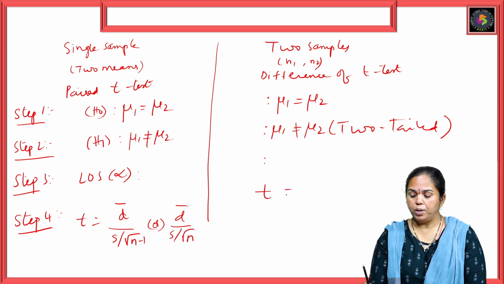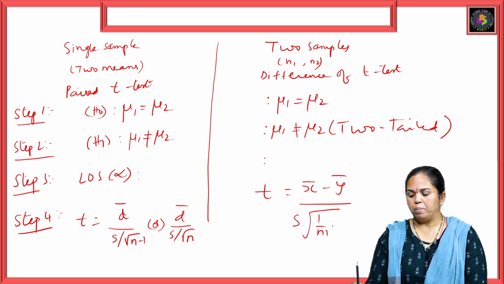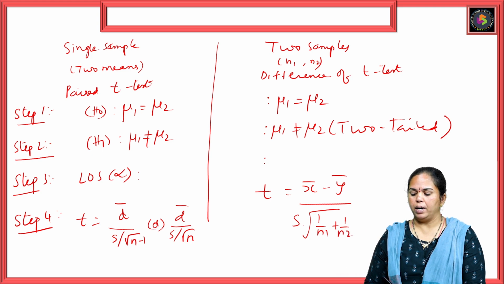Here t is equal to x bar minus y bar by s into root of 1 by n1 plus 1 by n2. In paired t-test, the degree of freedom nu equal to n minus 1 and here degree of freedom nu equal to n1 plus n2 minus 1.